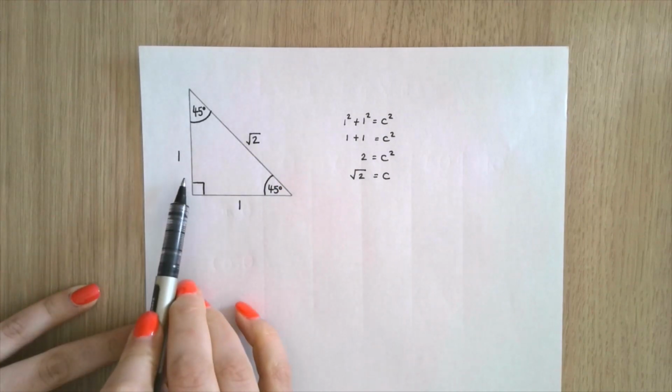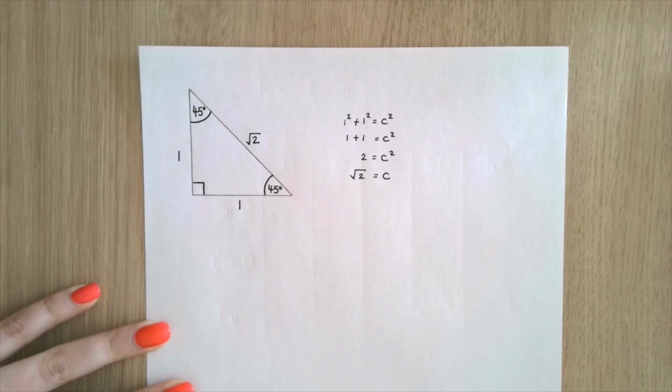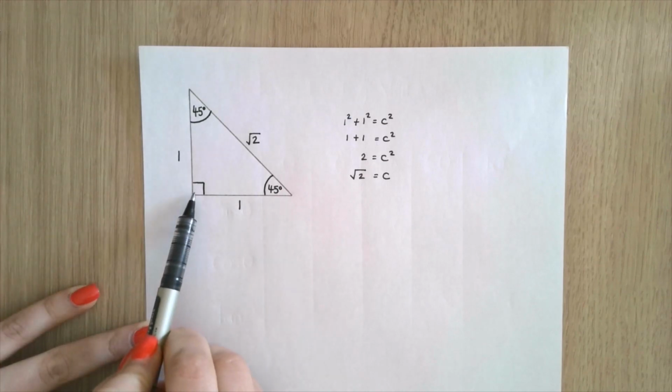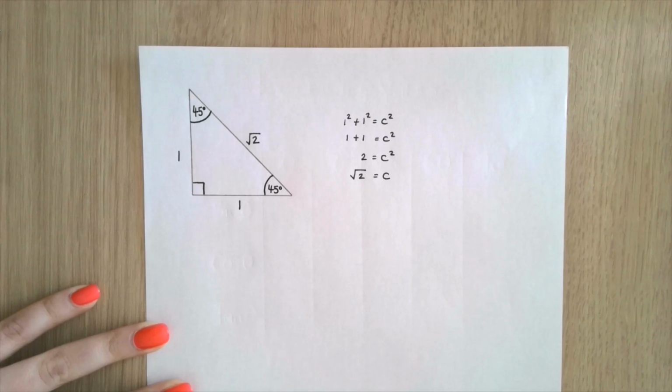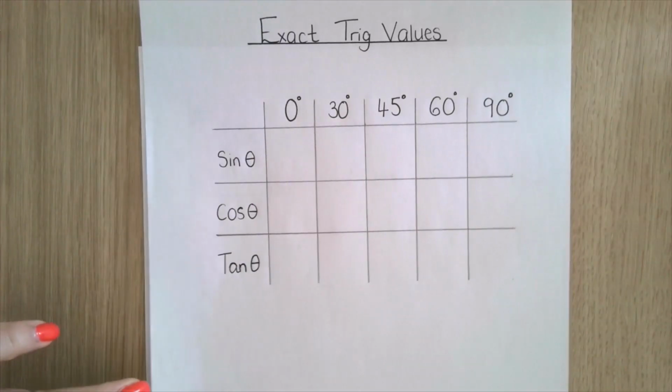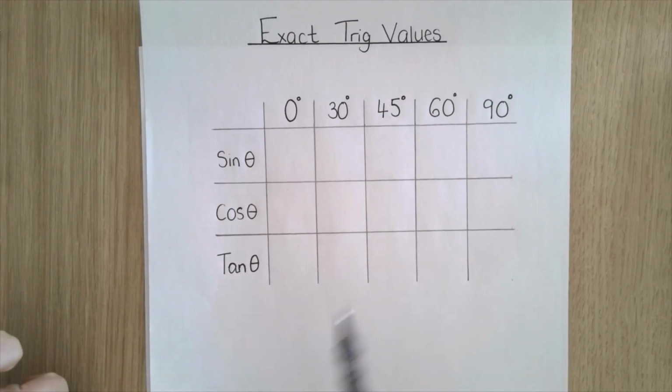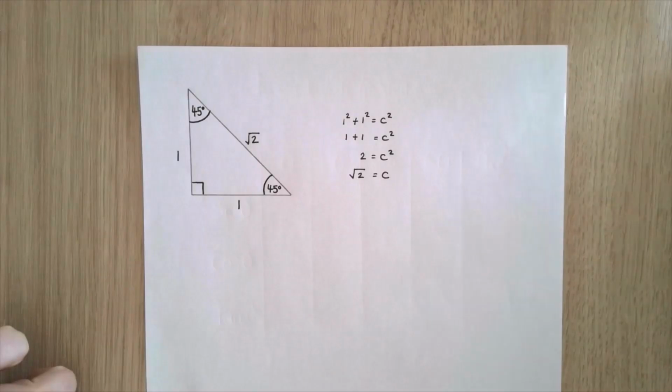Because it's isosceles, we know that these two angles must be equal. We know it's a right angled triangle, and therefore both of these angles must be 45 degrees each. So looking back at the table, from this triangle that I've got, I'm going to be able to work out what sine of 45, cos of 45 and tan of 45 is.